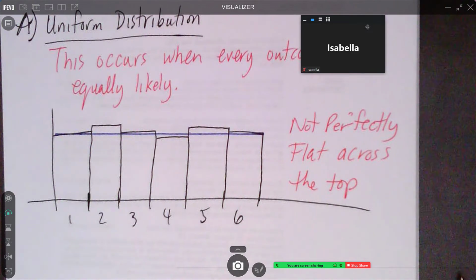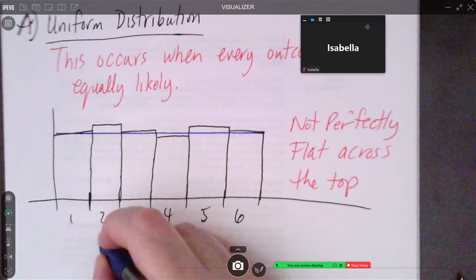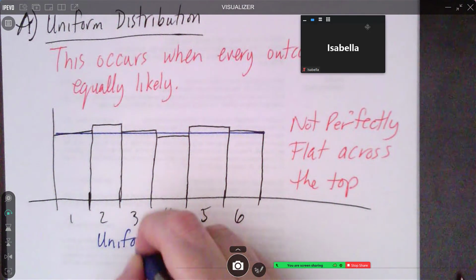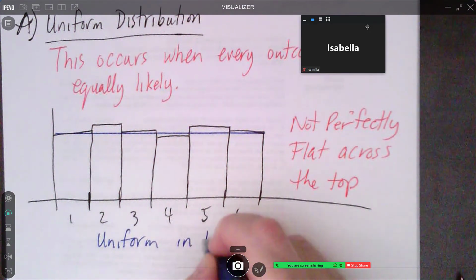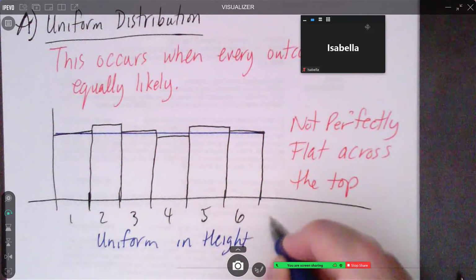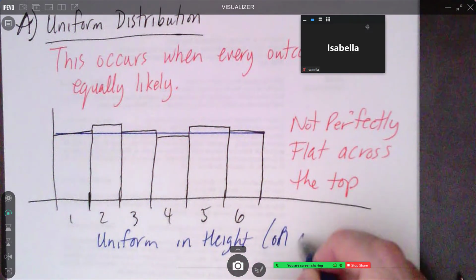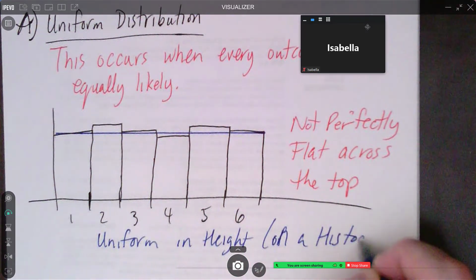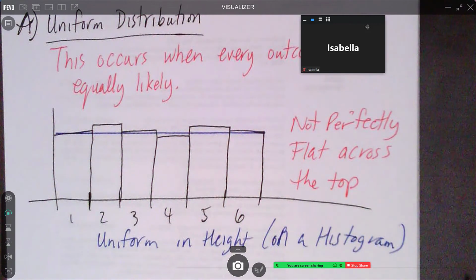That's what we mean by uniform. Uniform in height, at least on a histogram. So it's got to be things where the outcomes are equally likely.